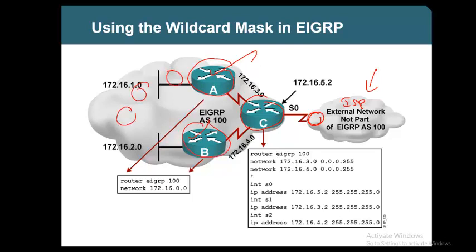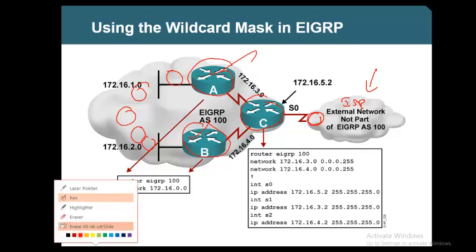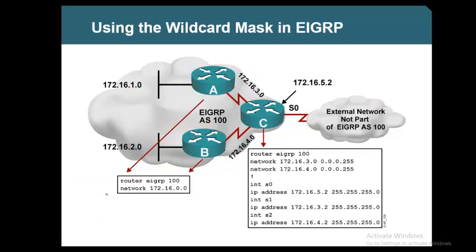If you have 100 routers, you need to go to every single router and write a default route 0.0.0.0. Instead of doing that, we make EIGRP advertise the default route to every router inside.